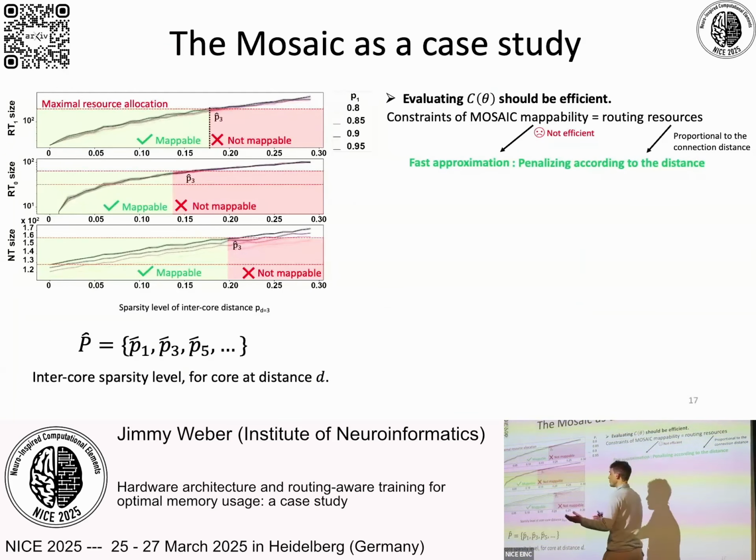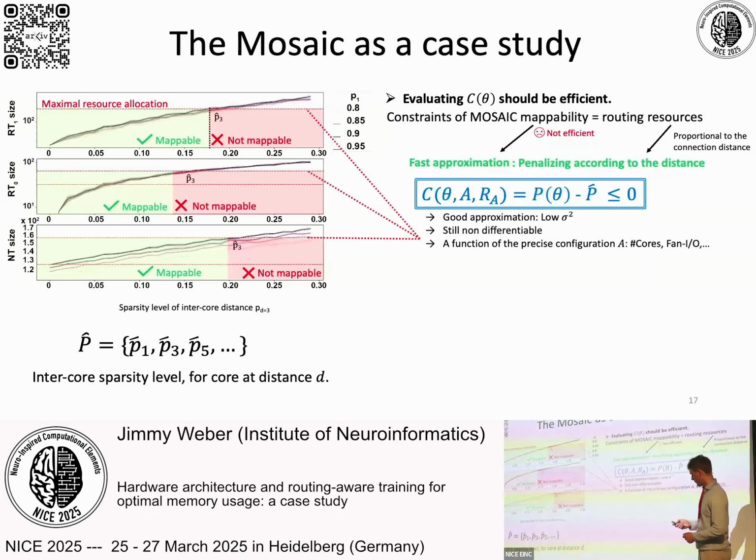And so we are doing the whole sweeps for all the different intercore sparsity, and we found some combinations that are mappable and that are a good approximation for mappability. So we are saying, okay, the combinations of those different sparsity should be p hat.